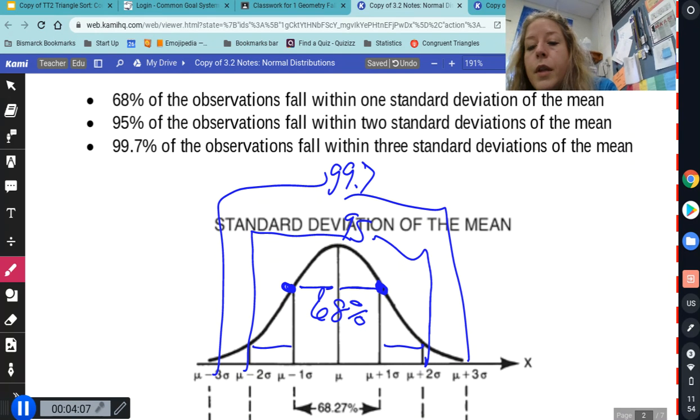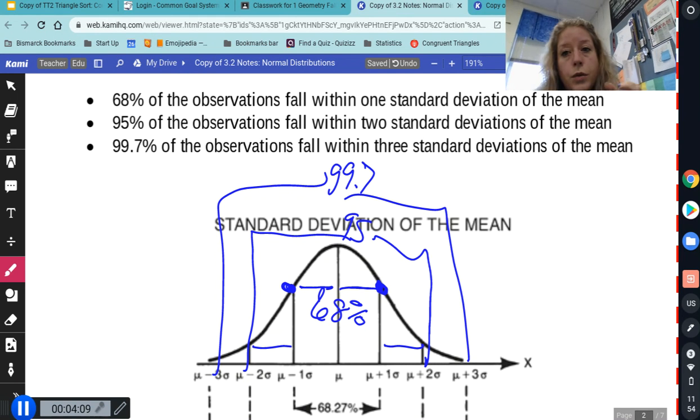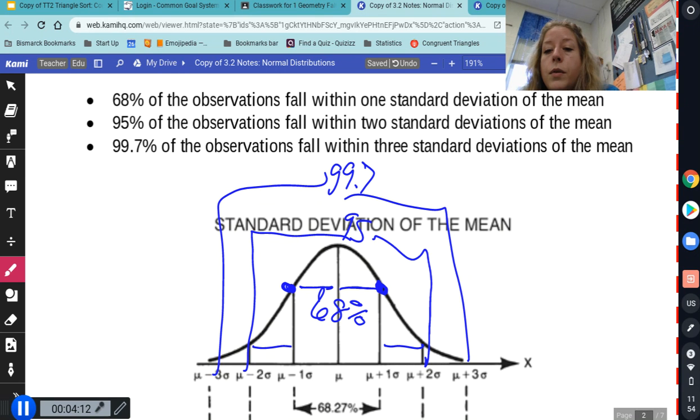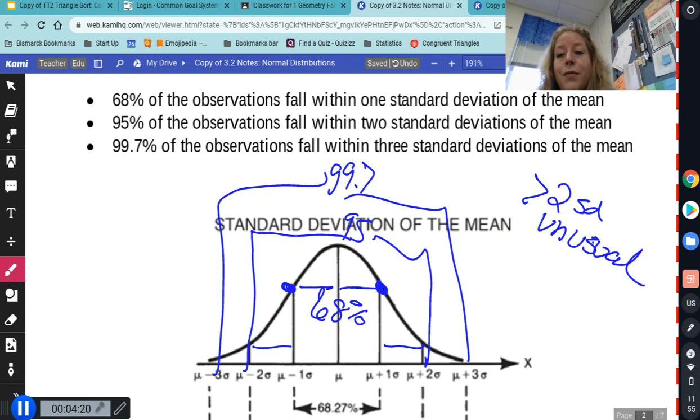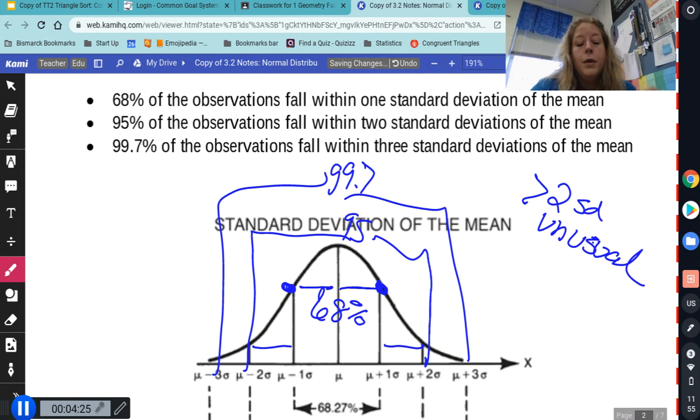Now, to be within 2 standard deviations of the mean is considered normal. So if you're outside 2 standard deviations, you are unusual. And that would be within 5% of the population. So anything greater than 2 standard deviations away from the mean is considered unusual.